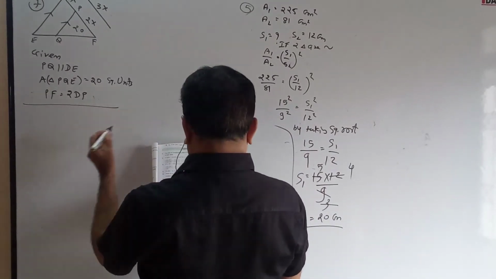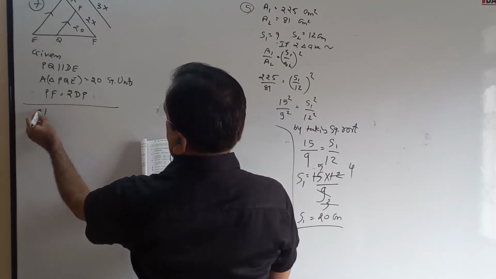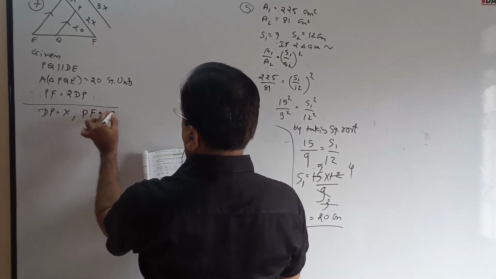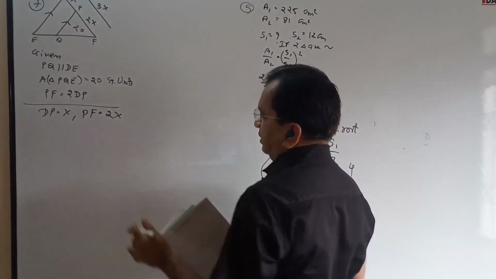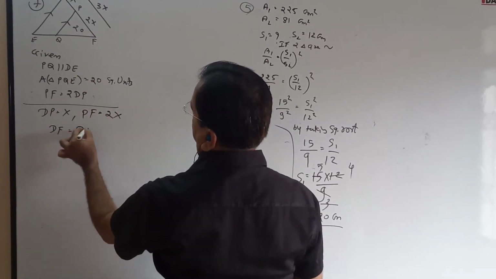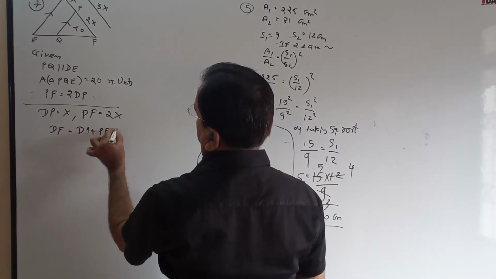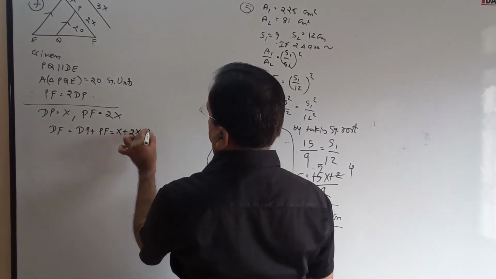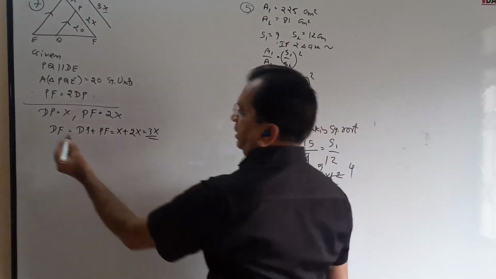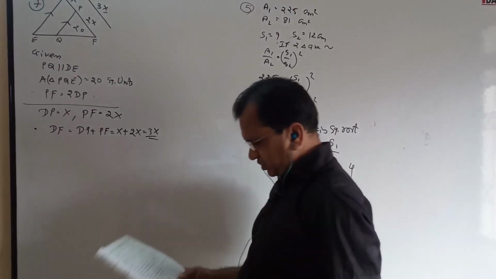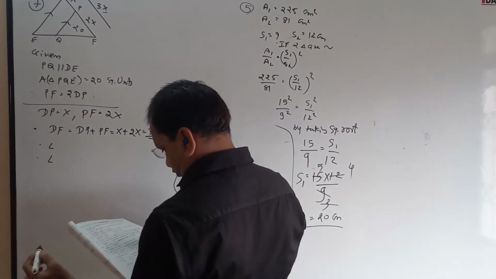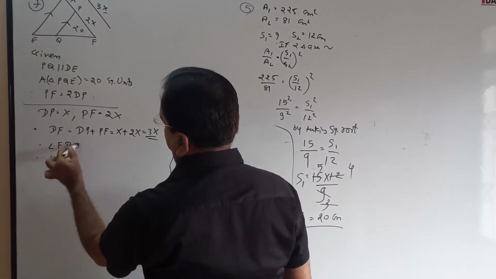Okay, now proof. DP is equal to x, given. Given means in the activity you need not fill this. Now you have to find DF. DF is total: DP plus PF is equal to x plus 2x, so total 3x. I will write a dot, which is the activity question. First is given, second you have to write. Then again, two questions. FDE is equal to how much?